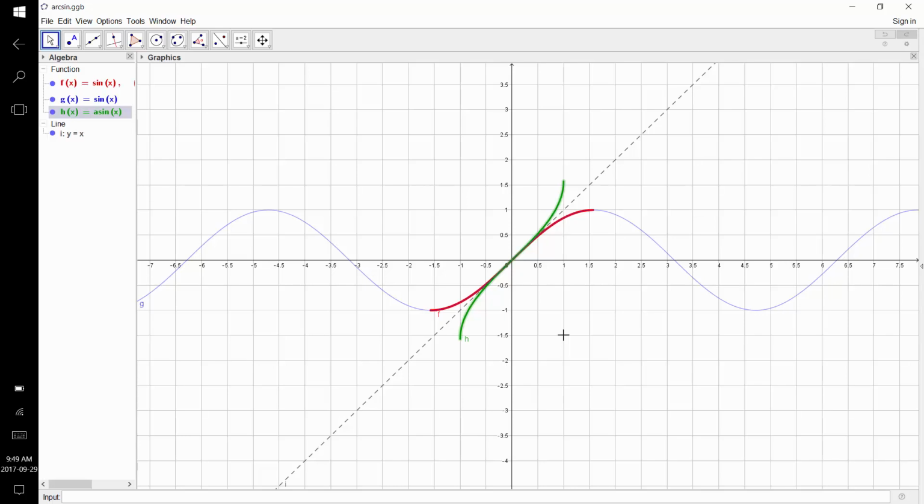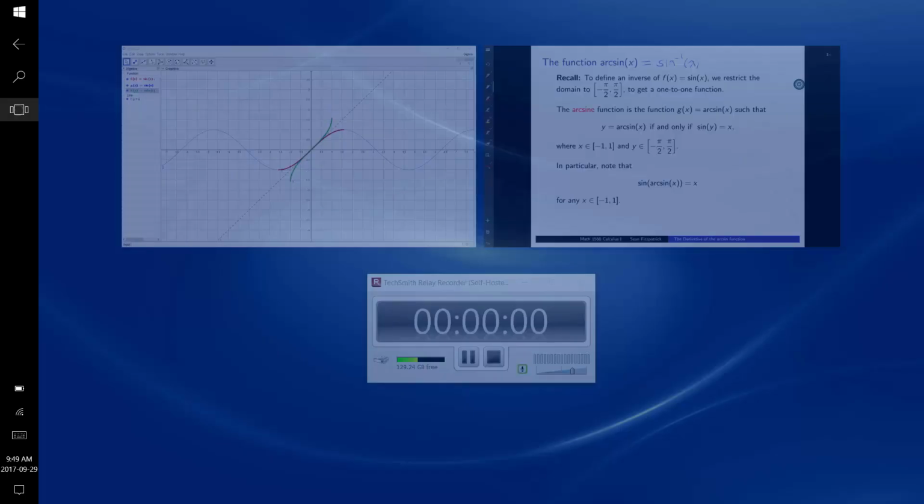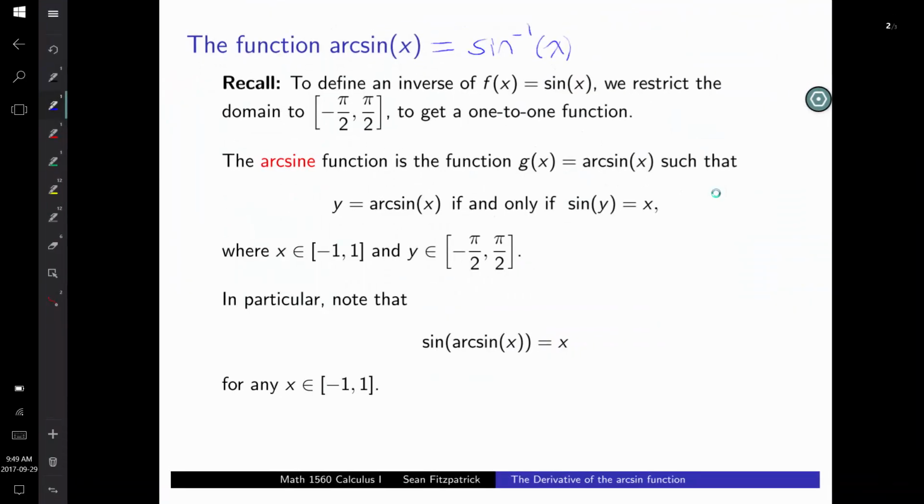The range for this new function is the domain we chose for the sine function. So the range of the new function is everything from minus pi over 2 down here up to pi over 2 up there. Okay, so this is how we first come up with this function. So it's important to remember when you're dealing with the inverse trig functions that they have carefully chosen ranges, right? So the range for the arcsine function is from minus pi over 2 to pi over 2.